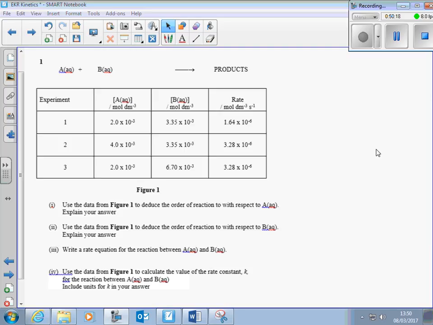So we've got two things to do. I've sort of ignored the question here, but the first two parts of it: use the data from figure 1 to deduce the order of reaction with respect to A. We don't need to explain it necessarily. As long as you've done it, you'll know how you did it. And for part 2, deduce the order of reaction with respect to B. Now, if we do that one at a time, with respect to A, it means keeping B constant.